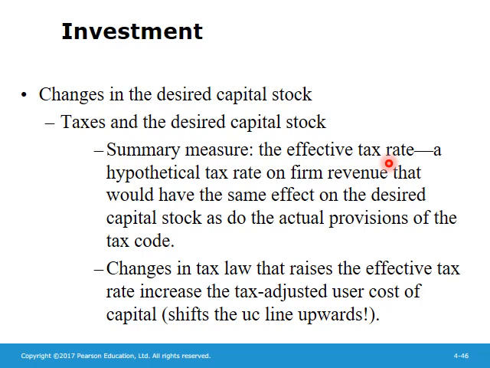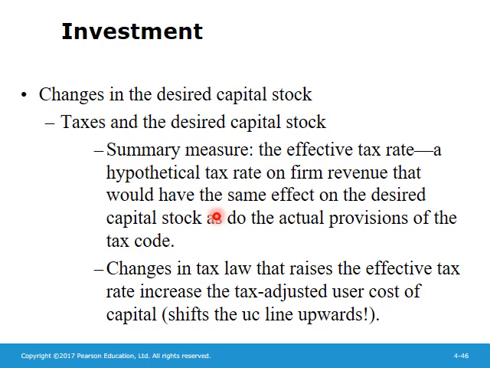بيحسبوها ليه؟ بيحسبوها على أساس that it would have the same effect on the desired capital stock as the actual provisions of the tax code. Okay? يعني بيحسبوها بحيث انها تبقى بتمثل نفس التأثير على desired capital stock as in those many complicated various systems of tax provisions زي ما شفنا two examples of reductions for example.